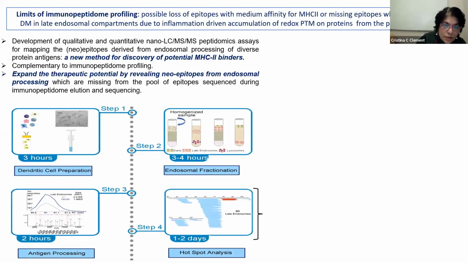So as you see here, these are the steps which you have to follow to end up with the hotspot analysis, like seeing the sequence coverage for each antigen. What I want to say is that you can use native antigens in the native state, or you can do chemical modification, like exposing your protein antigen to methylglyoxal, which is used to mimic the oxidized sugar.